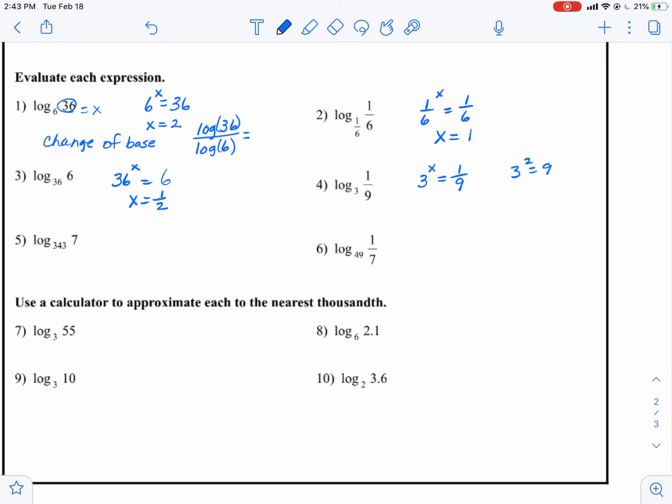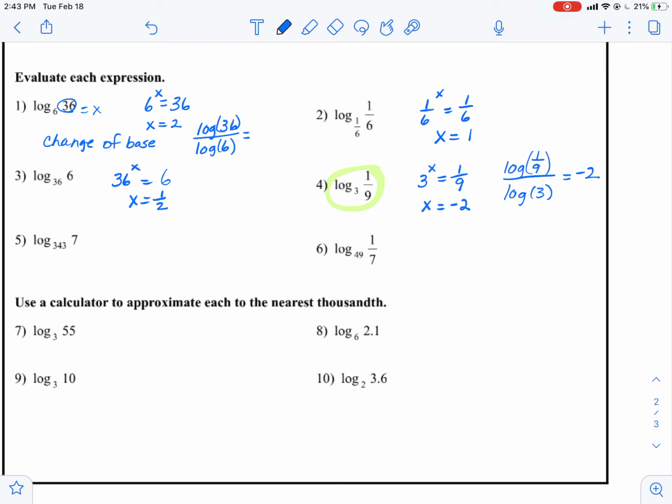And so in this case, x would equal -2, because that would be then the reciprocal. Okay, now again, if you cannot think that out in your head, then you could come over here to our problem, and put in log of 1/9 divided by log of 3, and it will give you a -2.